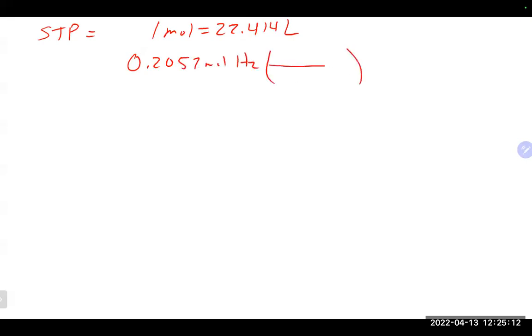Because it is at STP conditions, we could have avoided the ideal gas law and just rolled with this conversion. And we would get, obviously, this same answer, 4.61 liters. So you absolutely could have used it in this situation. It's a good reminder that if you weren't sure if you could, you can obviously still use the ideal gas law like we did there as well. Any questions on either way?